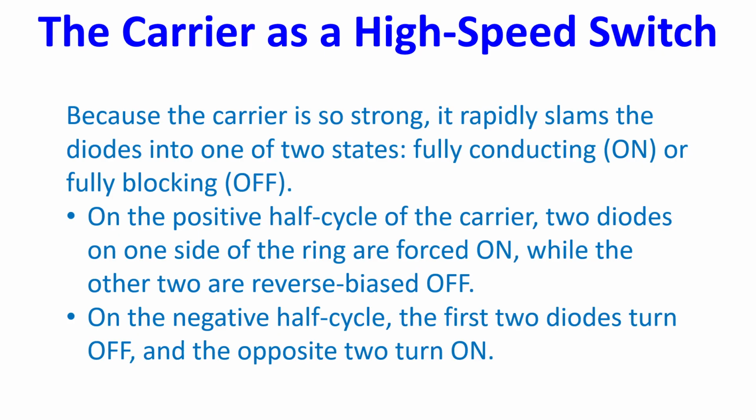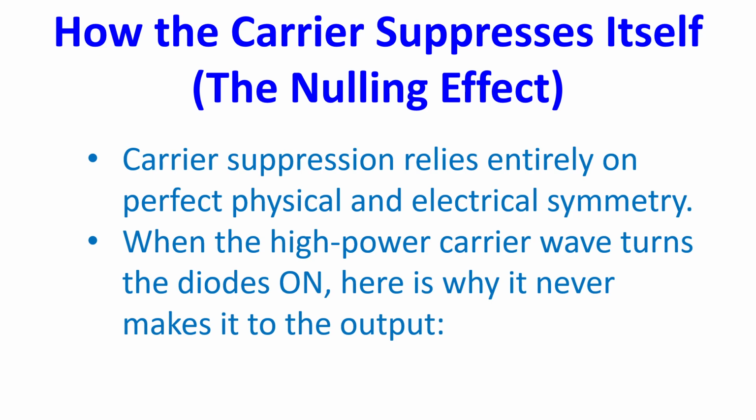On the negative half cycle, the first two diodes turn off and the opposite two turn on. Carrier suppression relies entirely on perfect physical and electrical symmetry. When the high power carrier wave turns the diodes on, here is why it never makes it to the output.